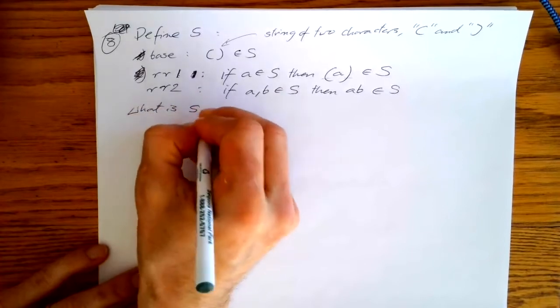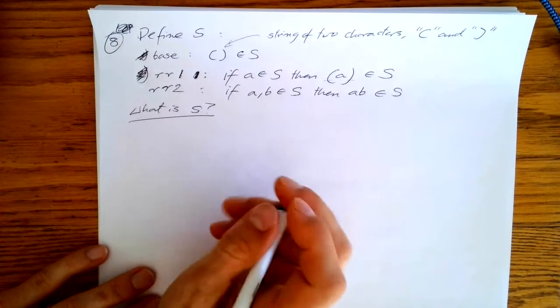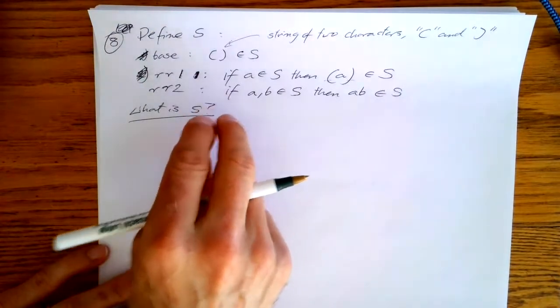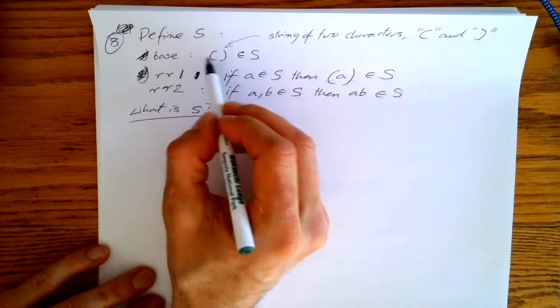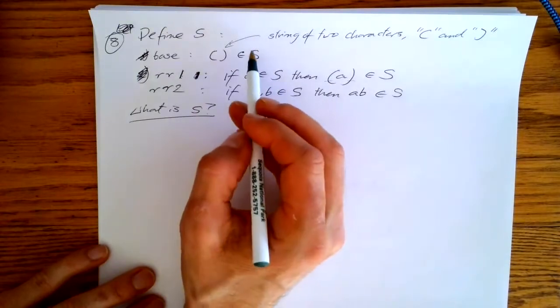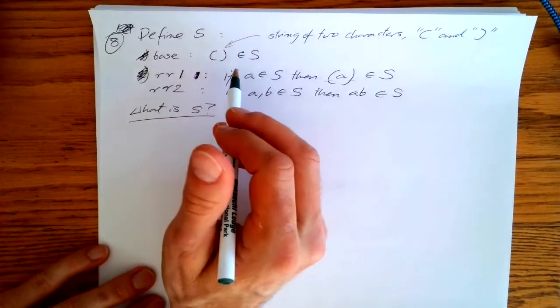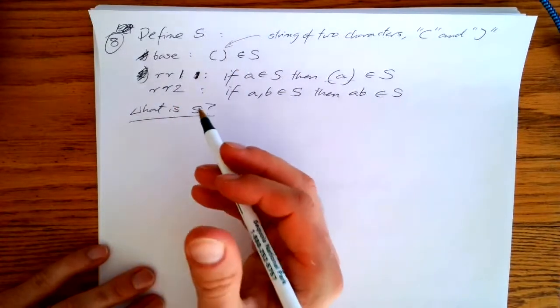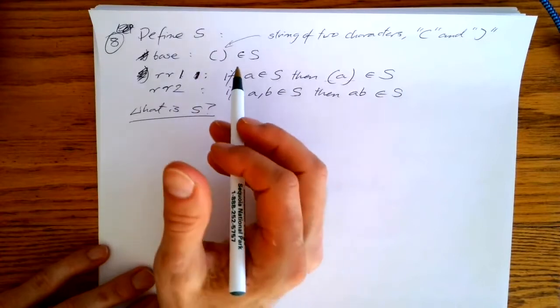What is this set? It says that open close bracket is, let's say what the set S is going to be, I'm just going to say these are good expressions, good strings.